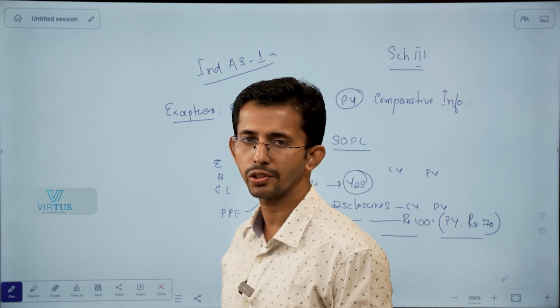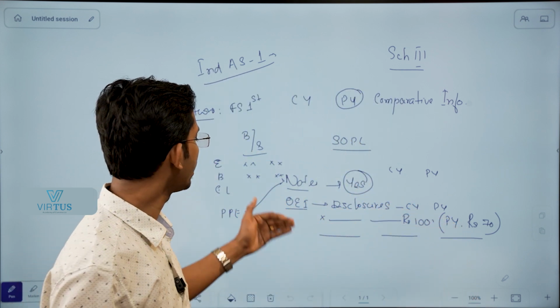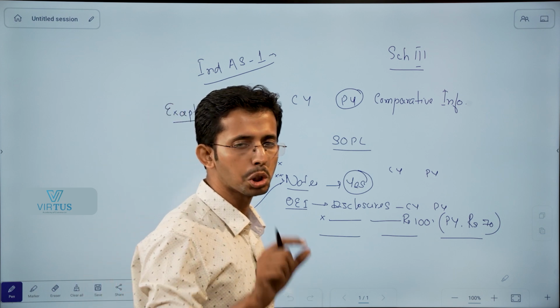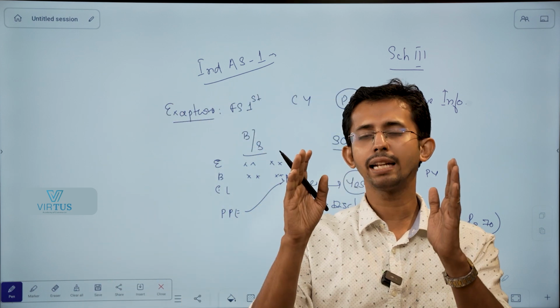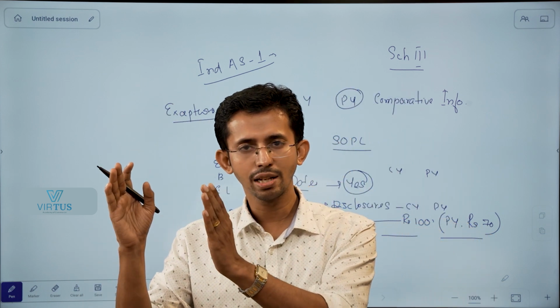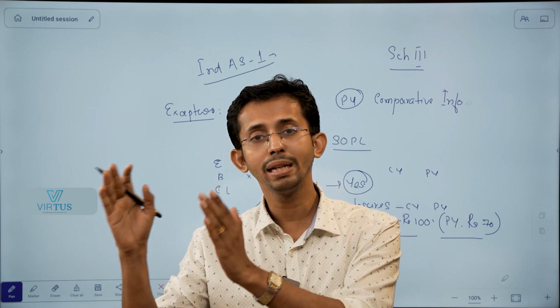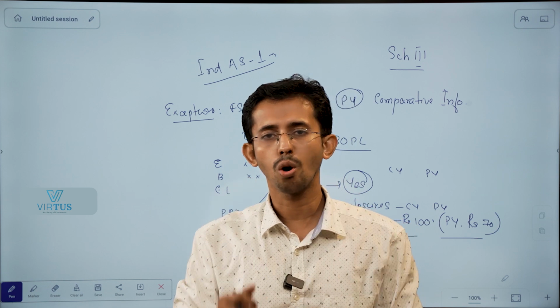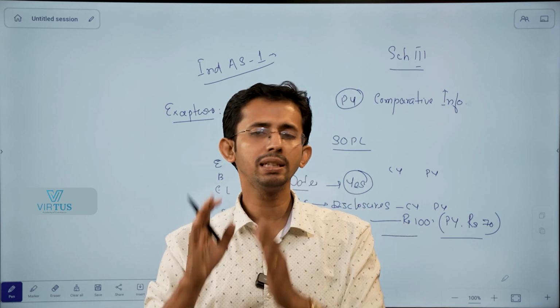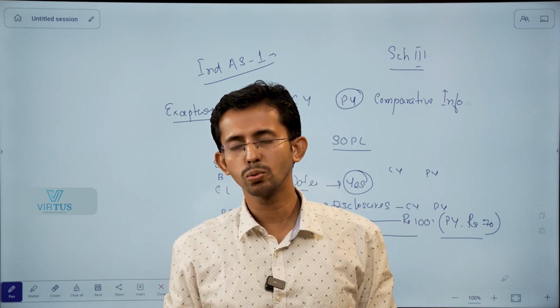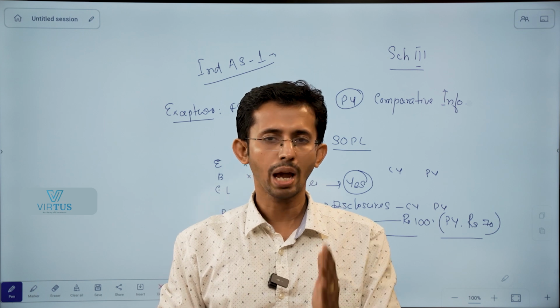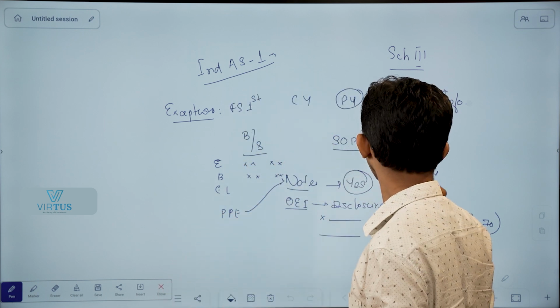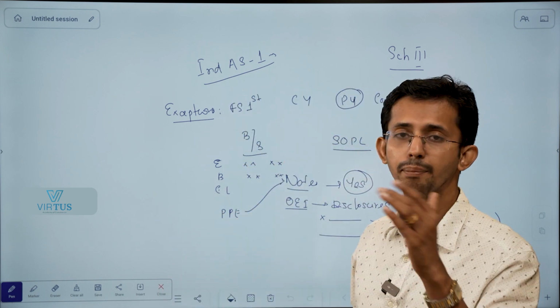In such cases, in the notes on accounts or under other explanatory information, you should ideally give a disclosure that the comparative figures for the previous year or previous period have not been given as it is the first financial year after incorporation. Except in that case, in all other cases, whenever you prepare financial statements, you have to give the figures for both current year as well as previous year as the comparative figures.